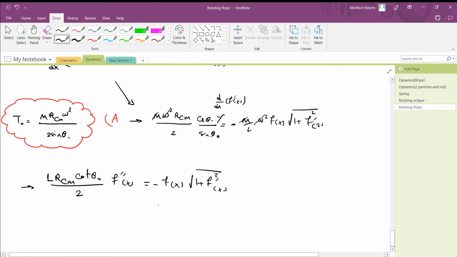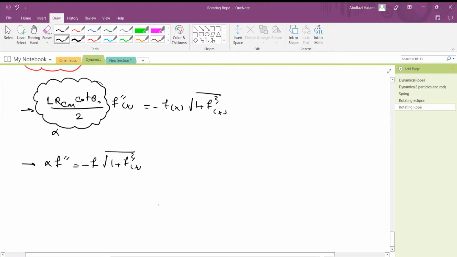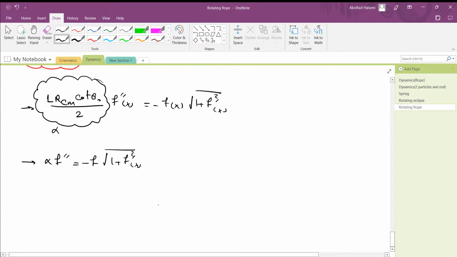We can say that this parameter is just a constant, which I want to call alpha. So we obtained that alpha f double prime is just minus f radical 1 plus f prime squared. Here we obtained the differential equation for f, which is r. We said that f of x is equal to r of x.